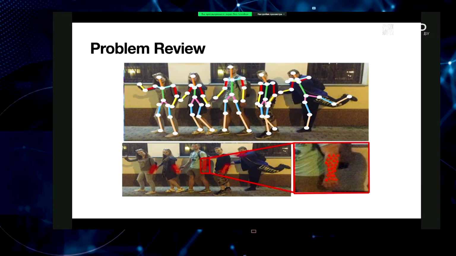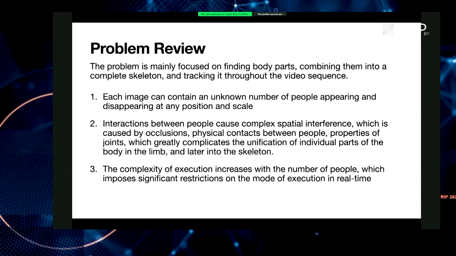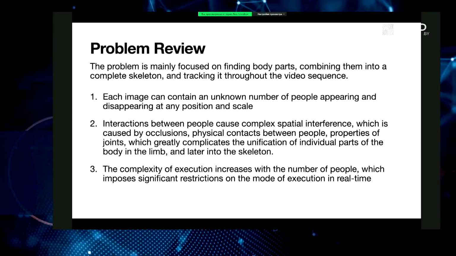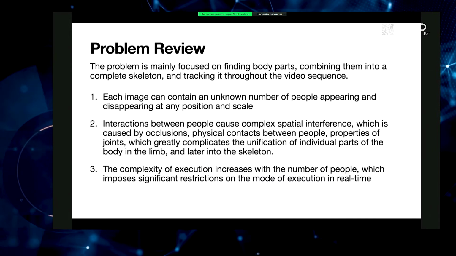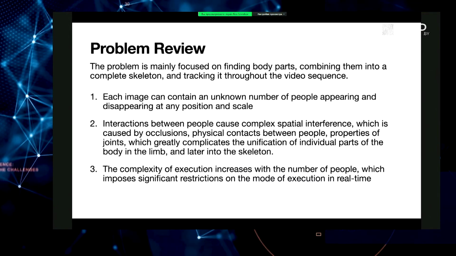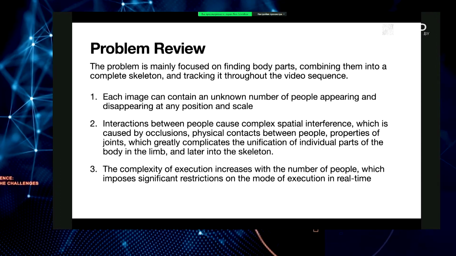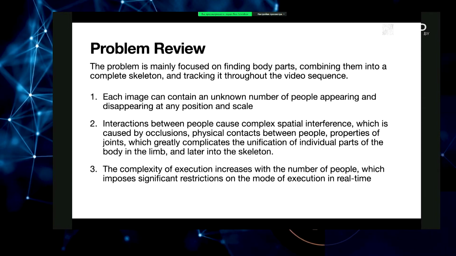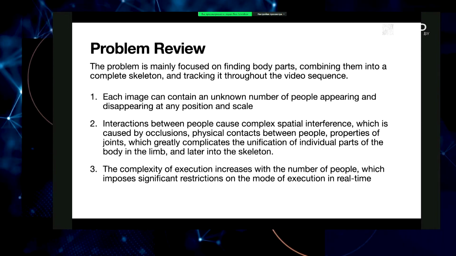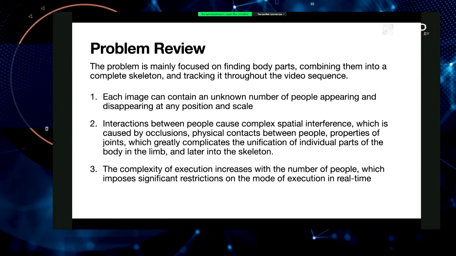So as we dive deep into the problem, there are three main problems with building the human virtual skeleton. The first problem is that each image can contain an unknown number of people. And they can appear or disappear at any position and at any point in time.